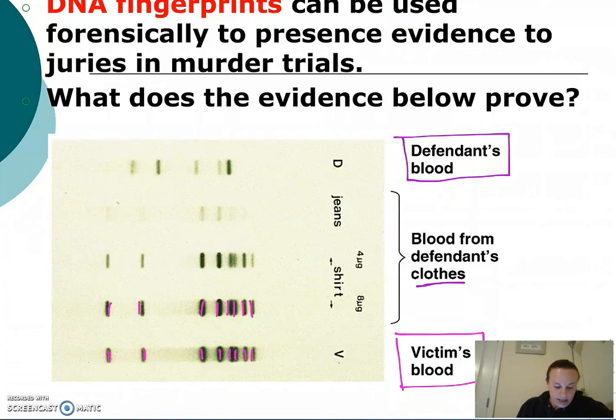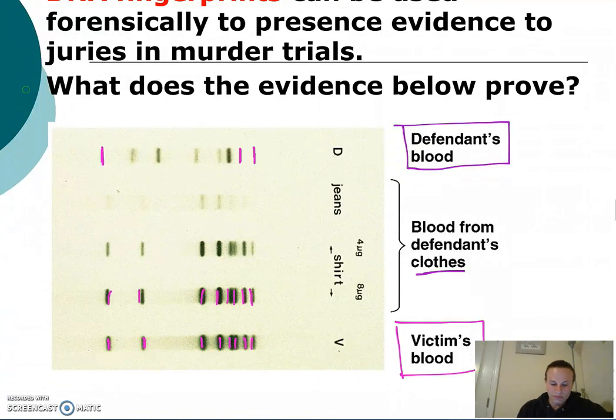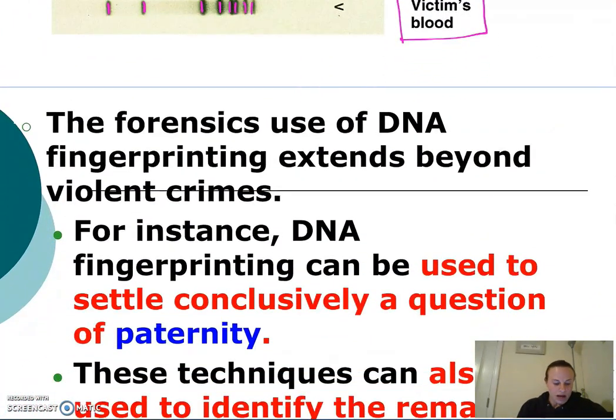The only way that those bands would be able to show up would be if the victim's blood was on the defendant's clothes. See, the defendant does not have this marker or this marker or this marker, or I shouldn't say marker, really, it's the band. Therefore, it's got to be from the victim's blood.